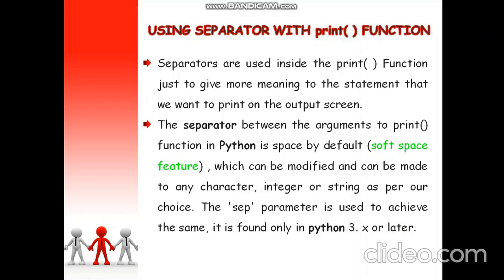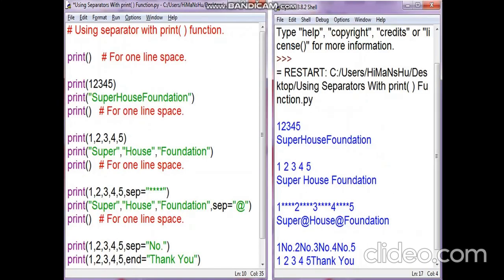Now dear students, I'm going to explain to you practically what is the use of separator in a print statement and how it will work. On my left hand side you can see that this window is in scripting mode, in which I have tried to demonstrate the use of separator with print function.